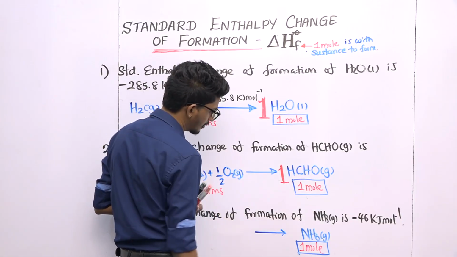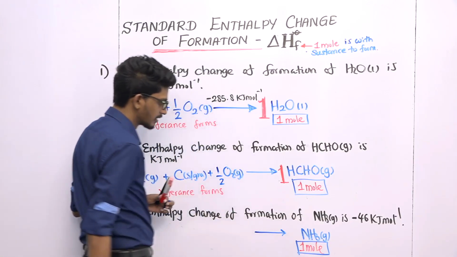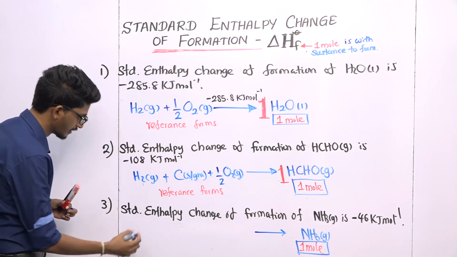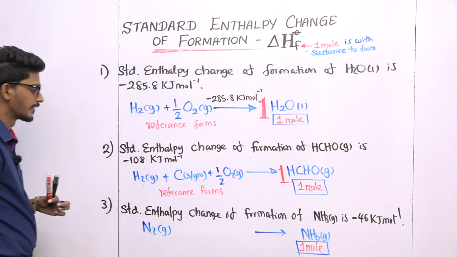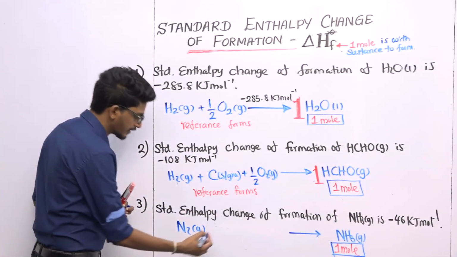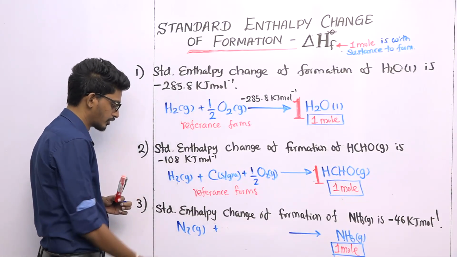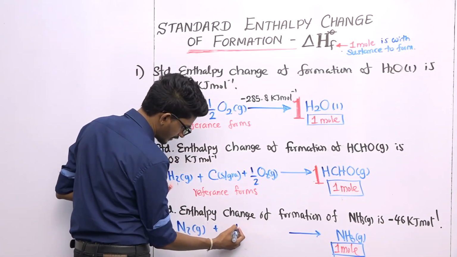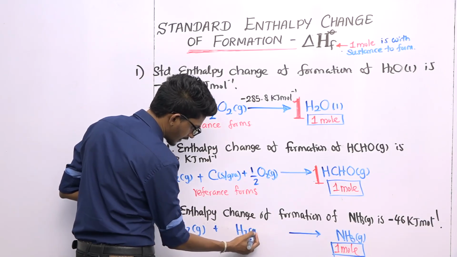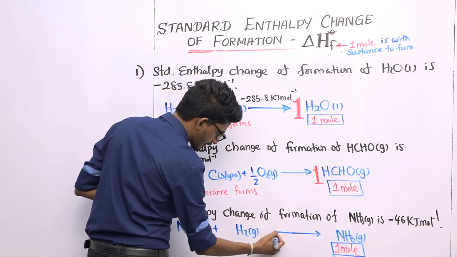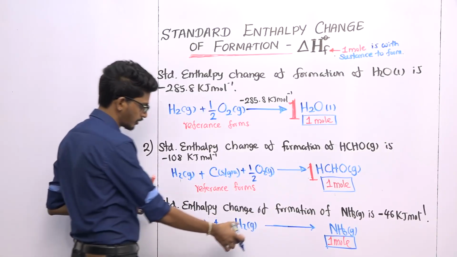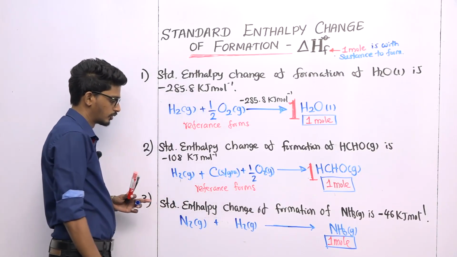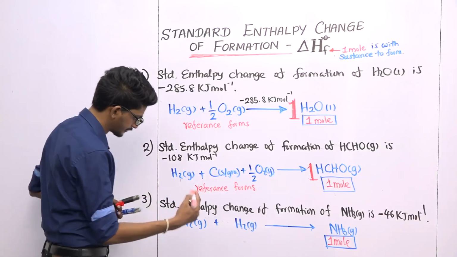The NH3's constituent elements are nitrogen and hydrogen. Nitrogen appears as a diatomic gas at normal conditions, so that is the reference form. And hydrogen again appears as a diatomic gas at room conditions, so that is the reference form. So the reference forms are written.